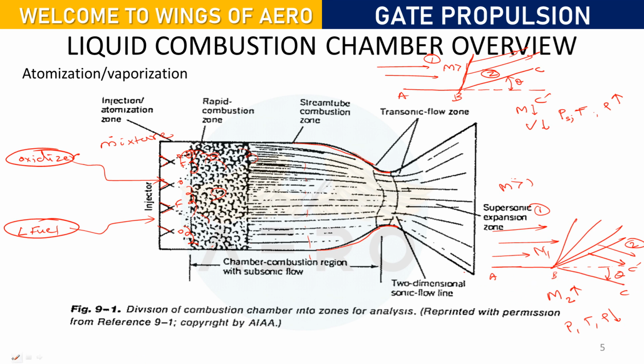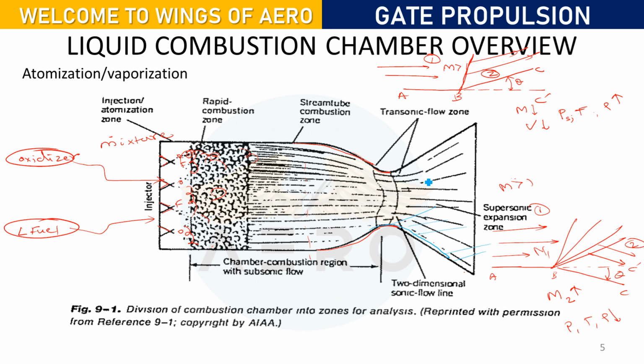Now if I observe the same shape from the throat section to the divergent section, what can we see? If I take small finite elements, each and every sector is inclined downwards by theta, right? So there will be multiple expansion waves.